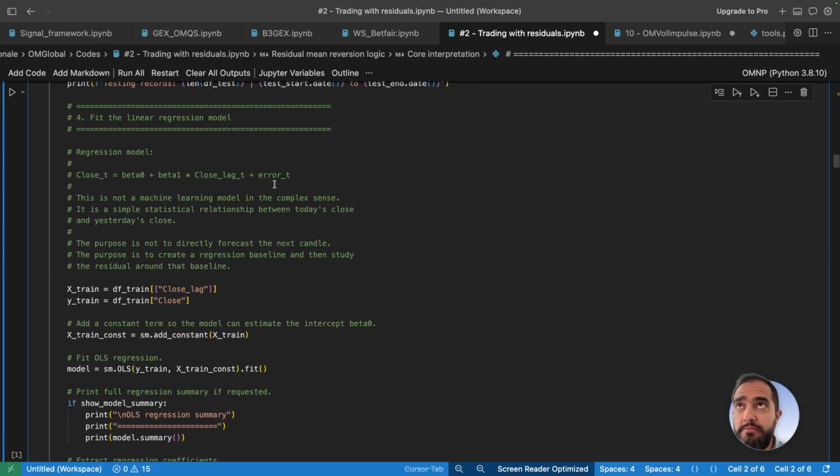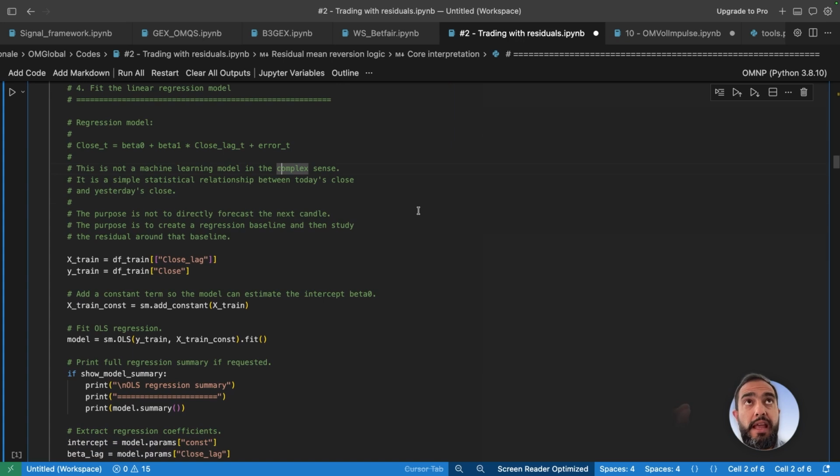Now we fit the linear regression model. In a nutshell, we have a beta 0 and a beta 1 that will multiply the close lag, plus the error of the regression. This is not machine learning in a complex sense. It's a statistical relationship, and this can even be thought of as an auto co-integration.